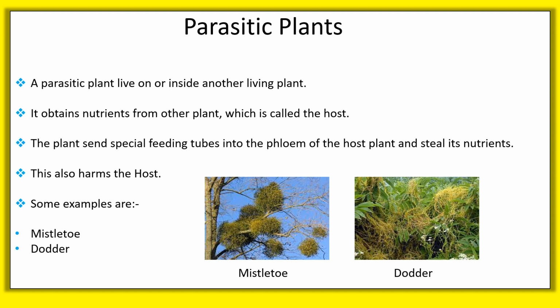The plant sends special feeding tubes into the phloem of the host plant and steals its nutrition, which can also harm the host plant. Some examples of parasitic plants are mistletoe and deodar. Both of them grow on any tree or plant. So let's move on to the next slide.